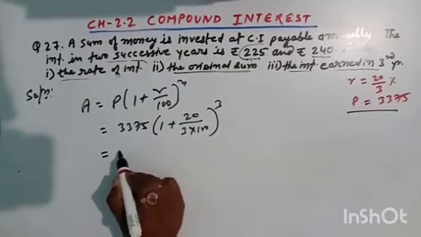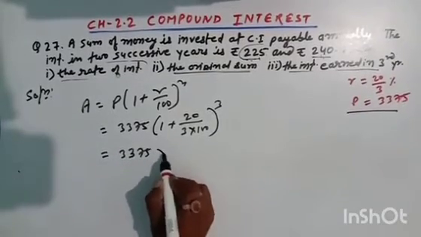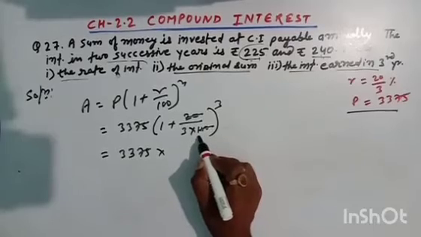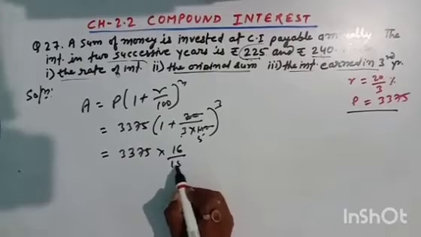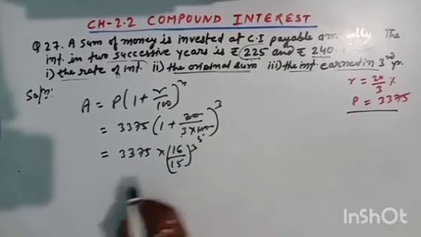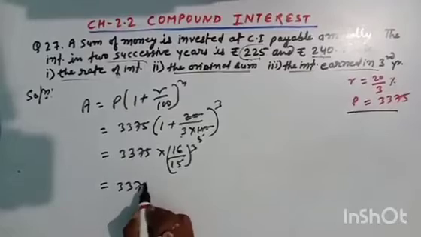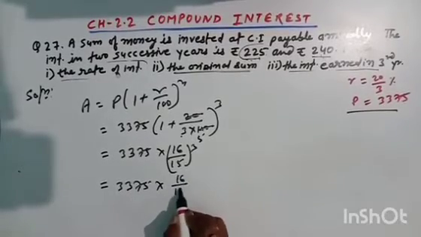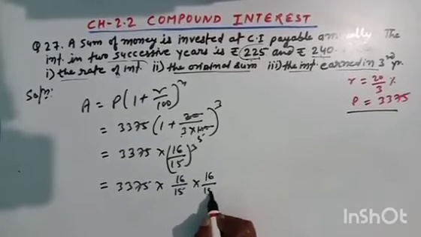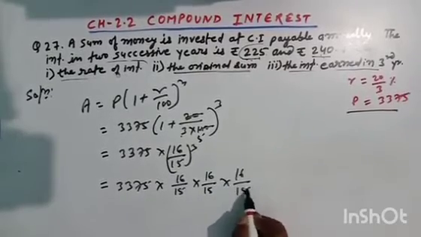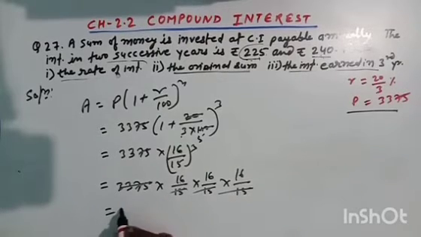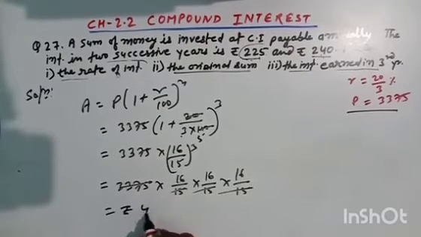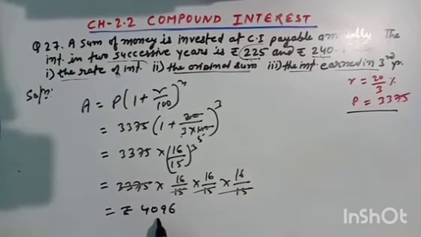First calculate: 3375 into, cancelling, 1 plus 1 by 15 is 16 by 15, to the power 3. So 3375 into 16 by 15 into 16 by 15 into 16 by 15. Cancel all these, then multiply 16 by 16 by 16, and you will get rupees 4096. This is the amount you received after 3 years.